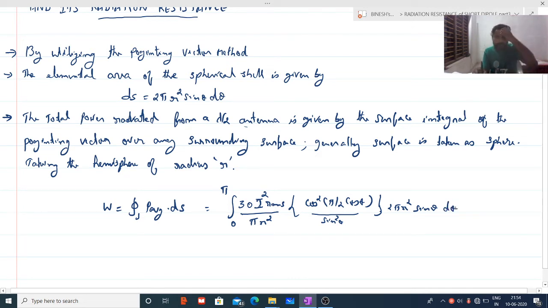So sin theta will get cancelled, leaving only one sin theta. Pi and pi get cancelled, r square and r square get cancelled.